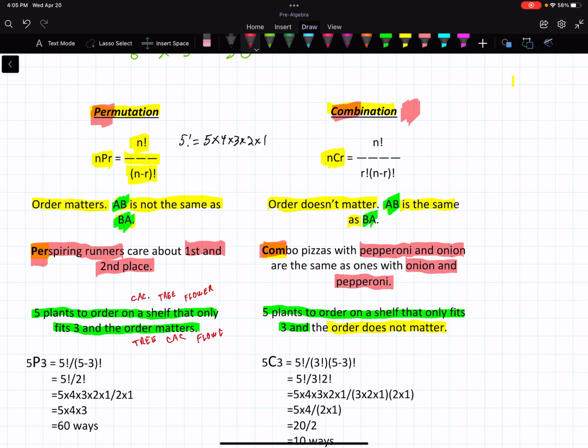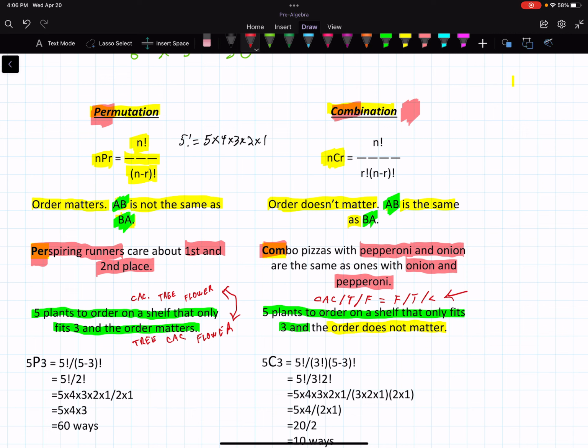Those are 2 separate things. But over here, cactus, tree, flower are the same as flower, tree, cactus. It doesn't matter as long as it's the same 3 items. We don't care what order it is. Over here, these 2 are different. Over here, these 2 things are the same.